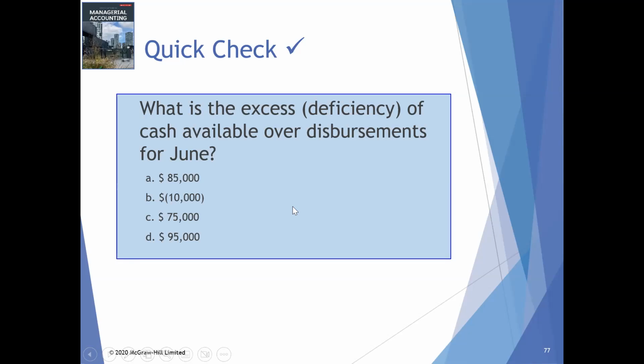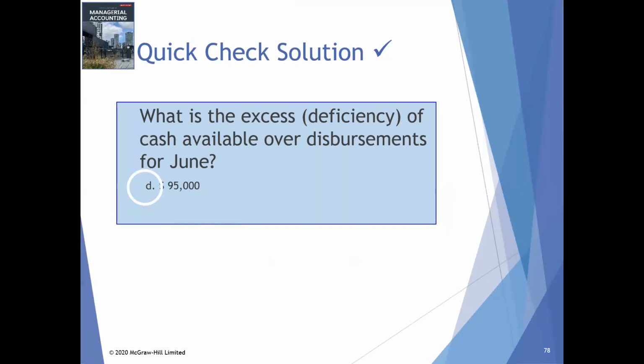So how to calculate that, I'm just going to explain. 95,000 is the excess amount, which is here. How did they calculate $95,000? That I'm just going to show you.